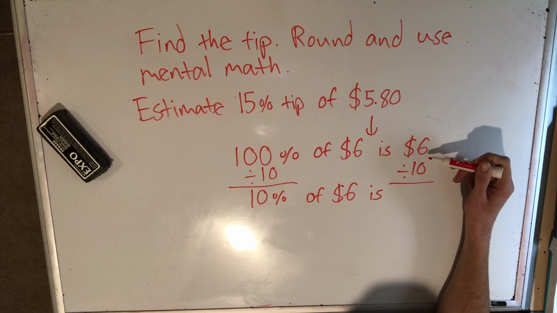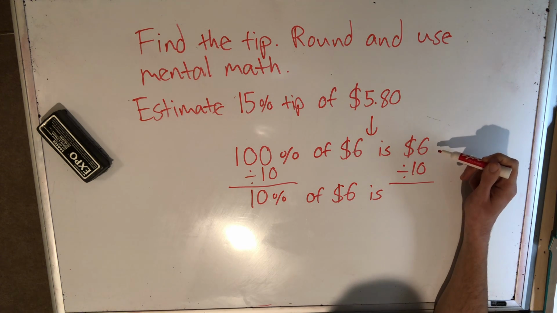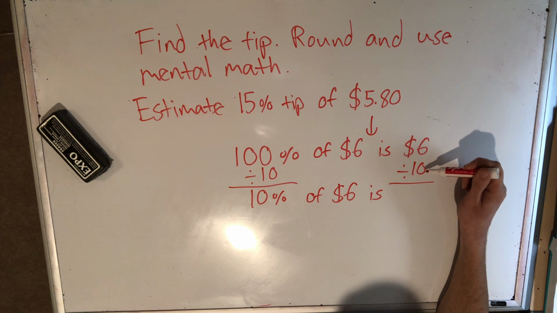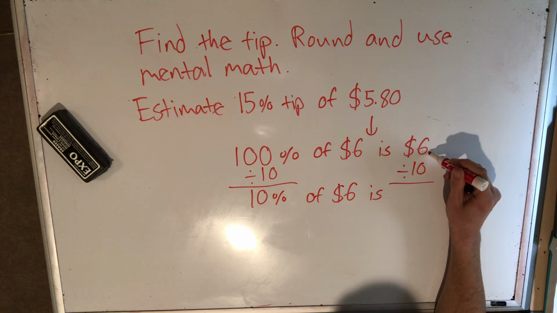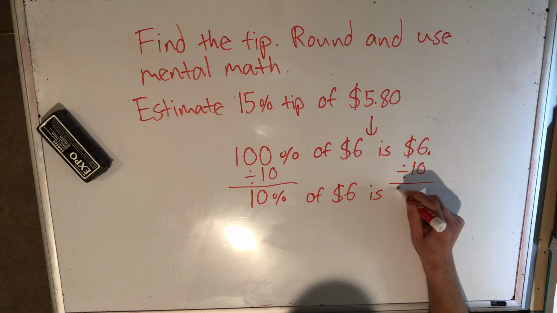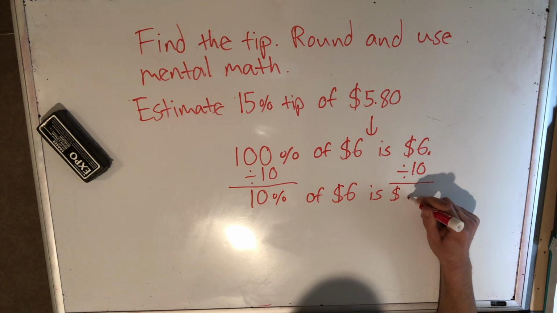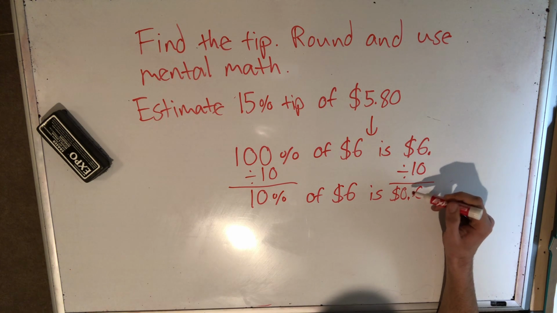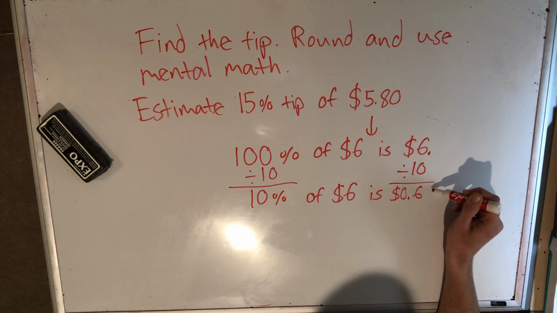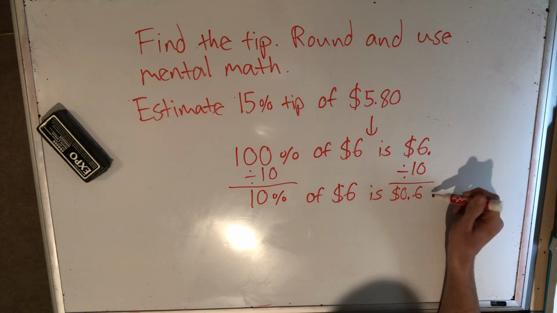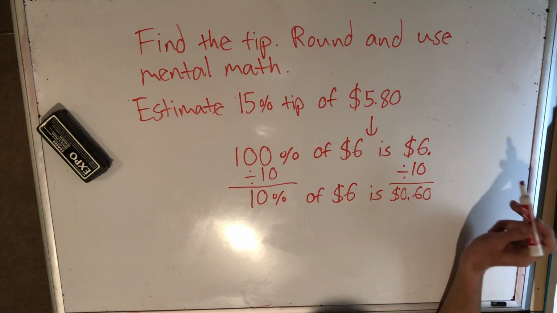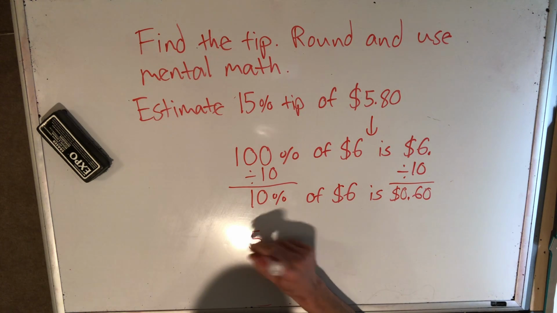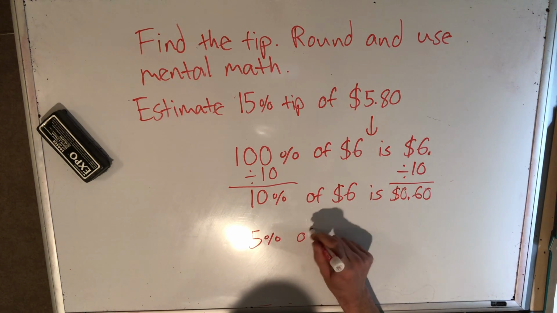When dividing by 10, move the decimal point one place to the left as a shortcut, since 10 is 1 with a 0. If there's no decimal point, imagine it being at the end of the number. That's $0.6. And you can put as many zeros as you need to the right of a decimal point, at the end of the number. So that's $0.60.